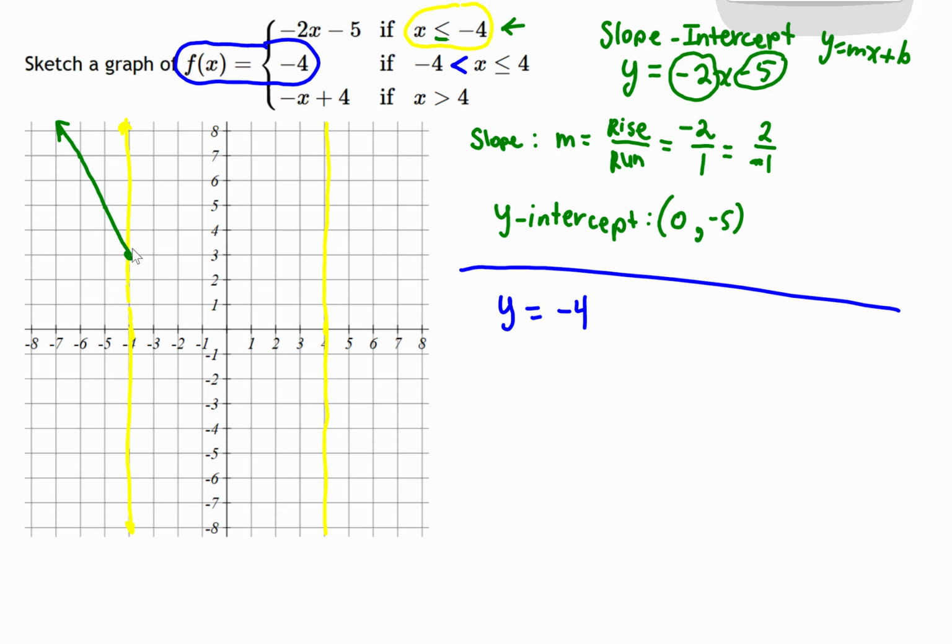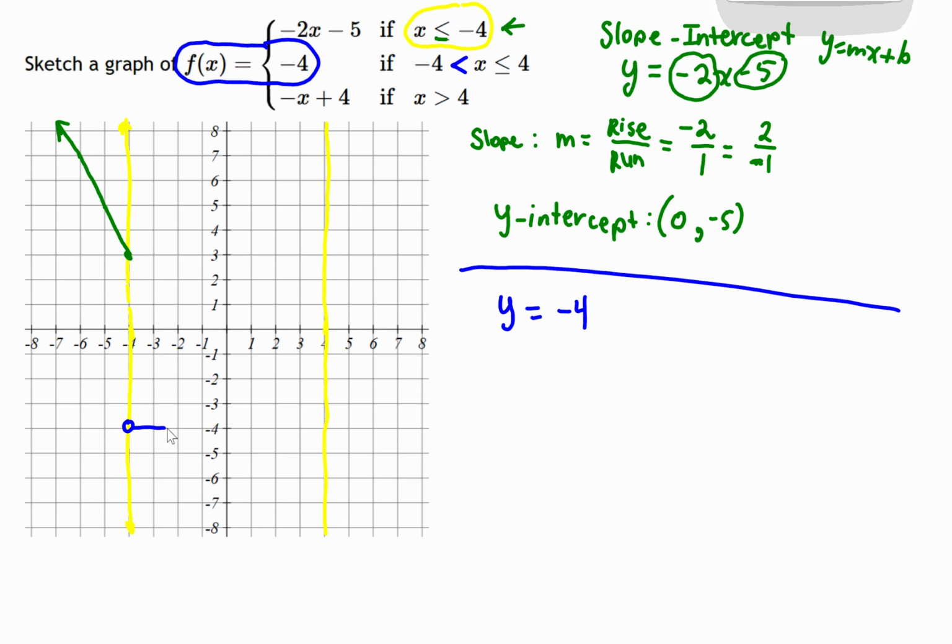So if that green point wasn't already there, we would have an open circle. But actually, we do need to put an open circle anyways, just to show where we're starting the next piece, which is down here, where y is equal to negative 4.